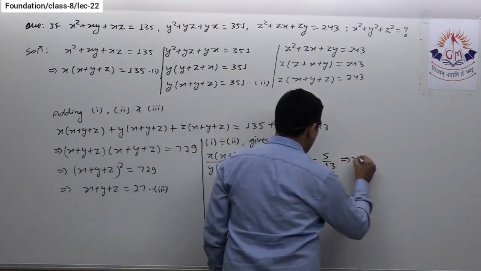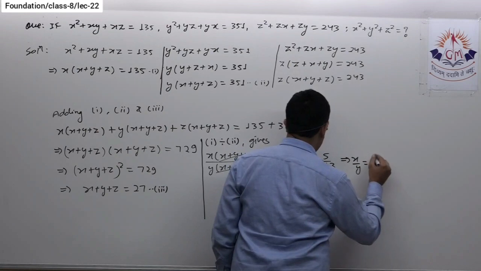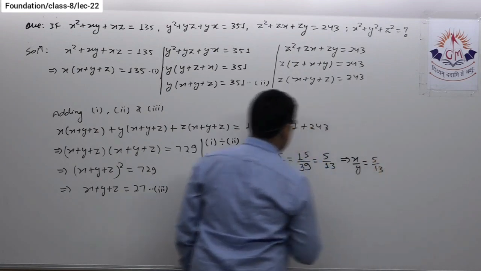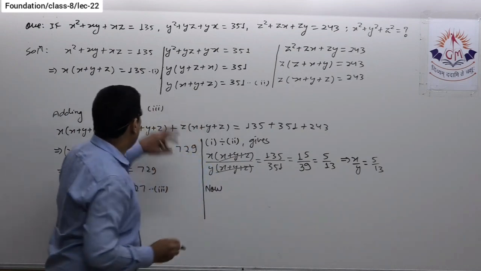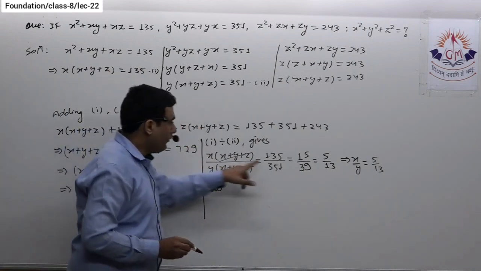Ultimately this gives me x upon y is equal to 5 upon 13. As I divided first by second, I got the ratio of x and y.